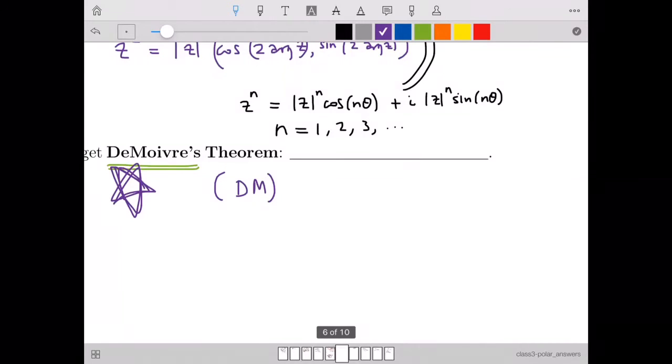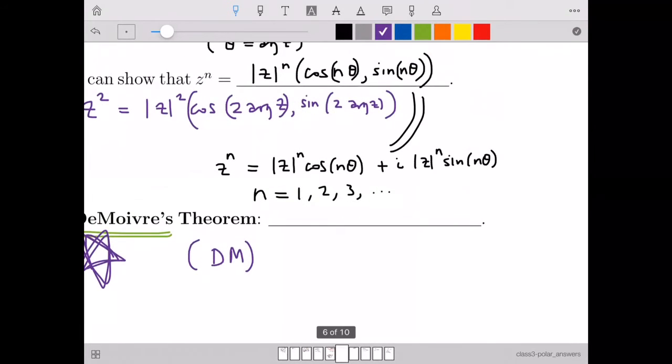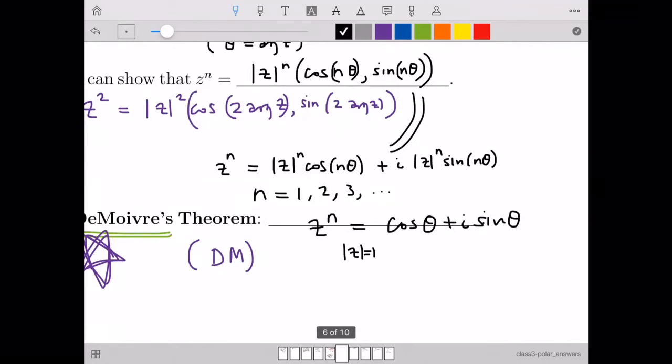DeMoivre's theorem is the following. When absolute value of z is 1, so z is cosine theta plus i sine theta, because absolute value of z is 1.